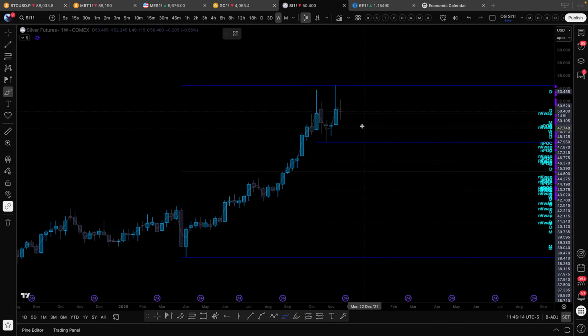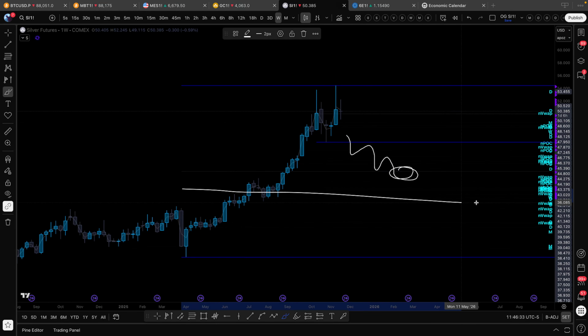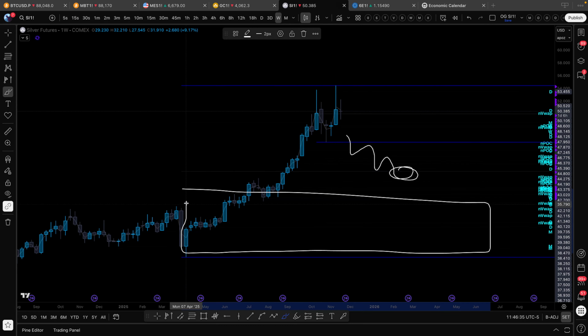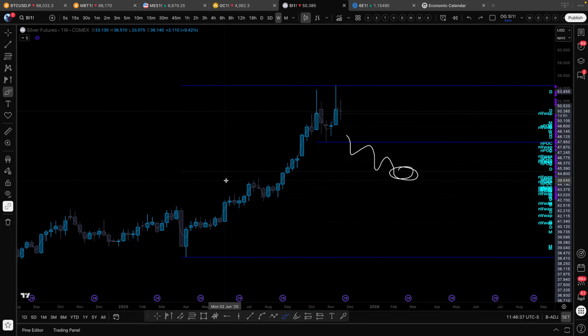So if we were to break down here, that's going to be really bearish. However, it could just be bearish temporarily to have a much needed retracement back down to the equilibrium, or we could see somewhere in this range, in the discount section of this range.